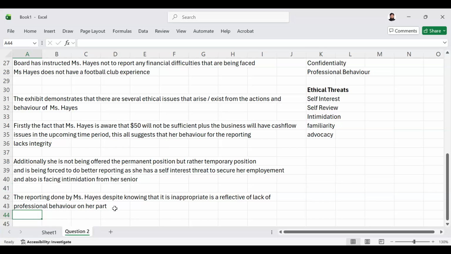Right? Okay. Despite knowing it is inappropriate, it lacks professional behavior on her part.